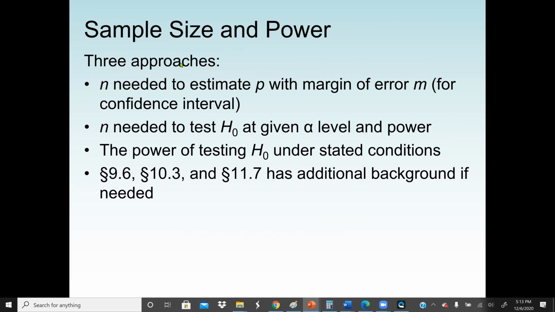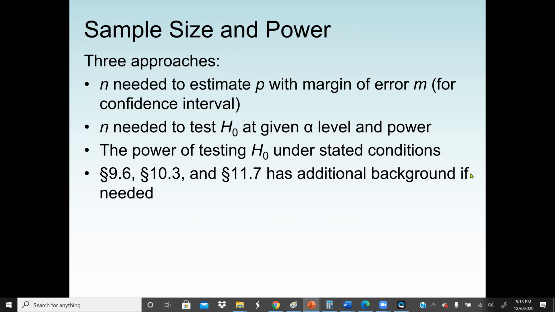So here we have three approaches. N needed to estimate P with margin of error M for a confidence interval, and that's what we saw in the previous example. Also, N needed to test H0 at a given alpha level and power, and the power of testing H0 under the stated condition. We covered it in units 9.6, 10.3, and 11.7.